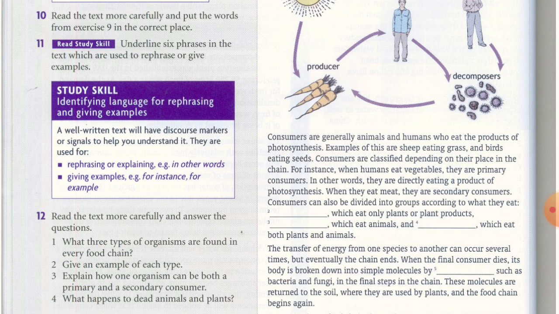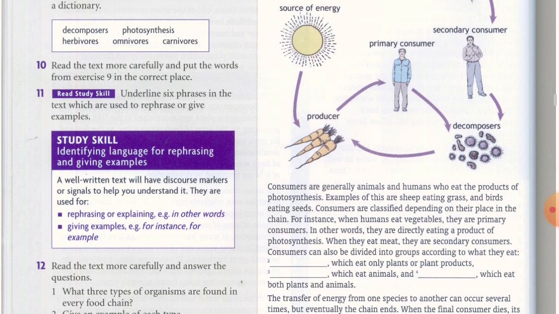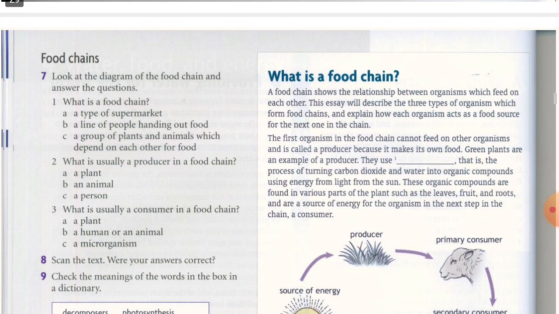Okay. Green plants. For example, green plants are an example of a producer. Second paragraph is given. The second sentence is, green plants are an example of a producer.